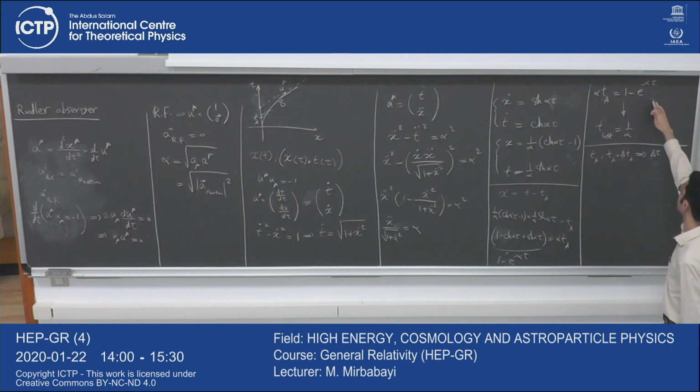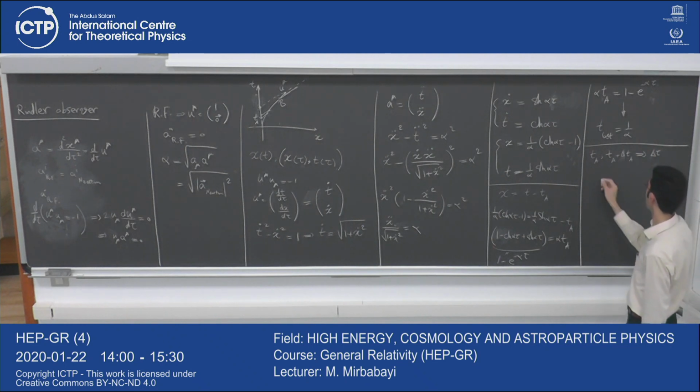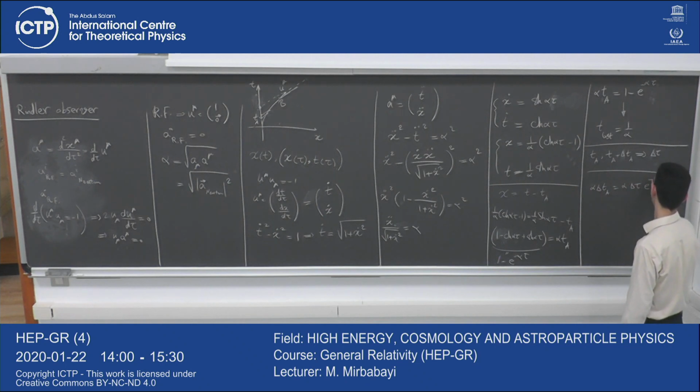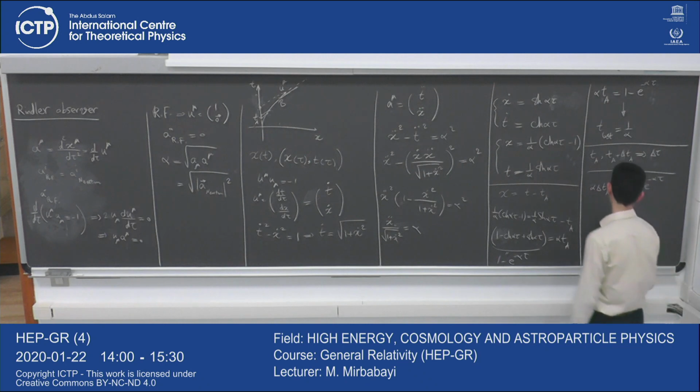So this we can also determine from here. This equation just tells us that alpha times delta t_A is equal to alpha delta tau times e to the minus alpha tau.